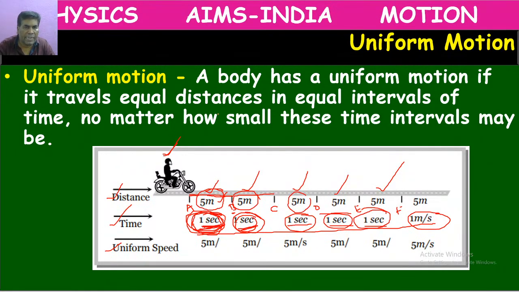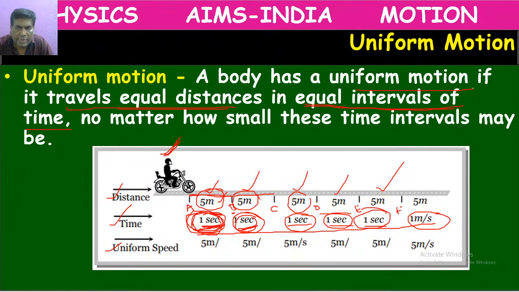So in equal intervals of time, it is traveling equal distance. We can say that this body, the person moving on the bike, is exhibiting uniform motion.